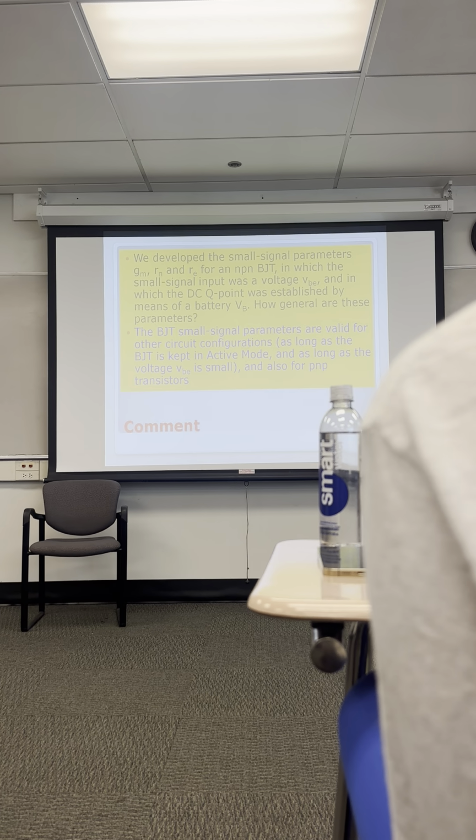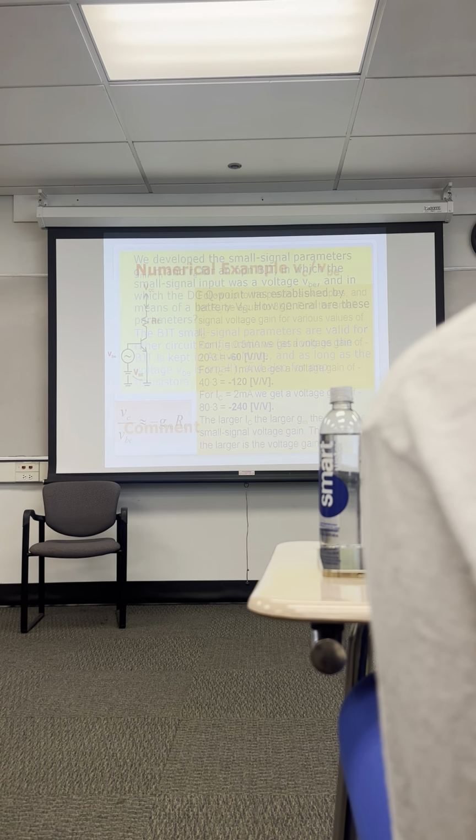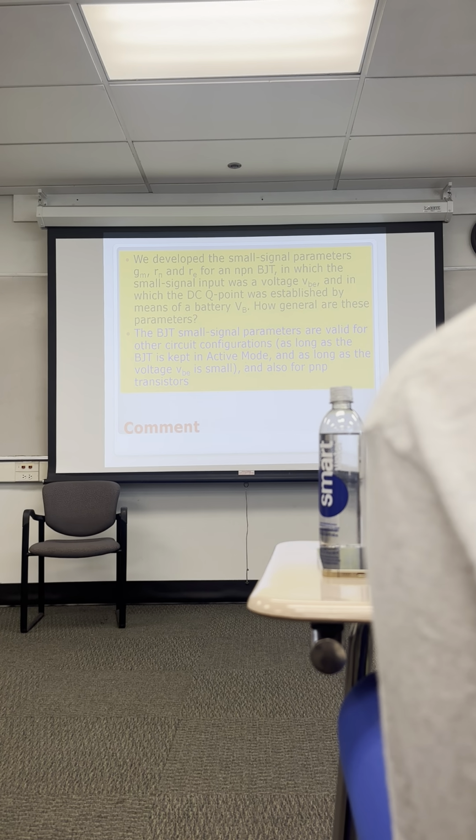So the note here is saying that for this Q point, we need to find another way to bias the base rather than use that extra battery. As long as the transistor is in the active mode and the base-emitter voltage is small, the transistor should not cause distortion.